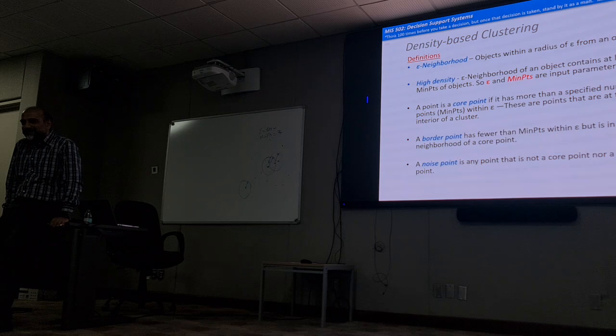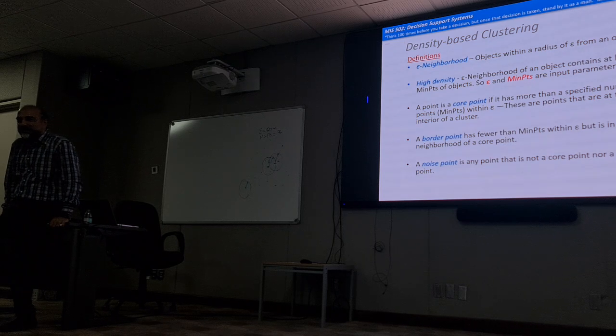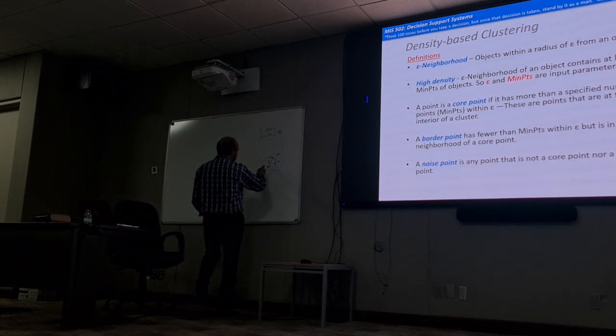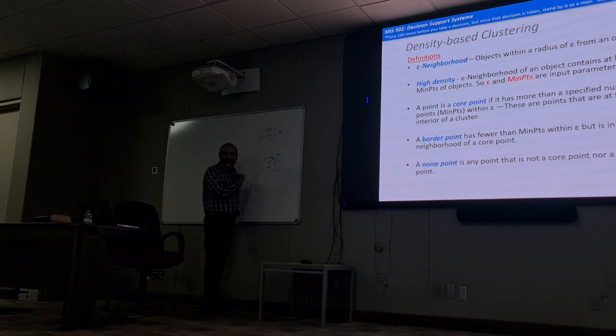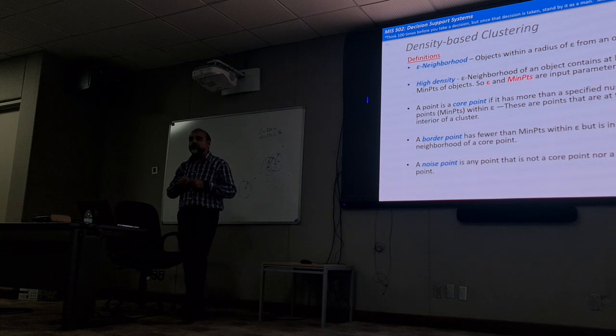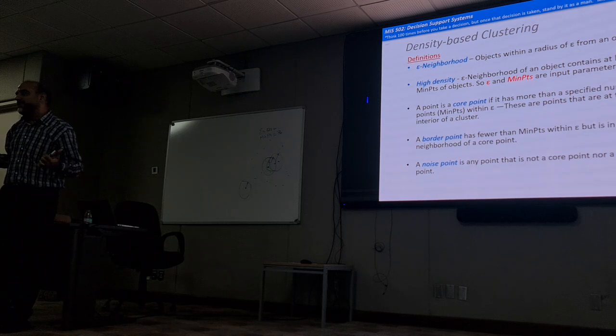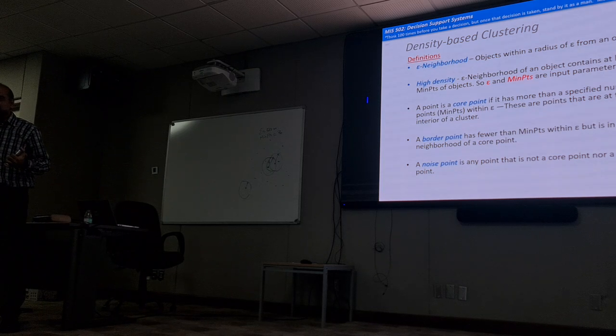Just look at its circle. When we drew this circle, it has three: 1, 2, 3. But the circle we have drawn around this point has only, oh sorry, 2. My bad. So this second point's neighborhood is not dense.